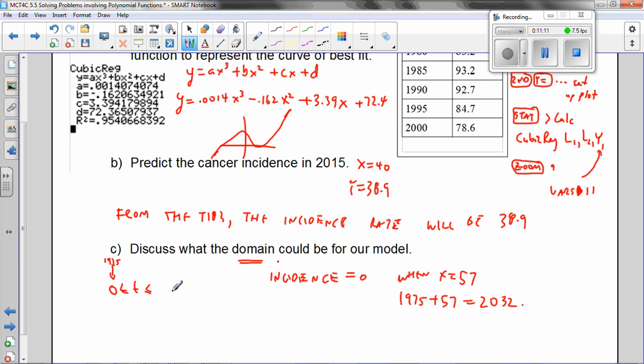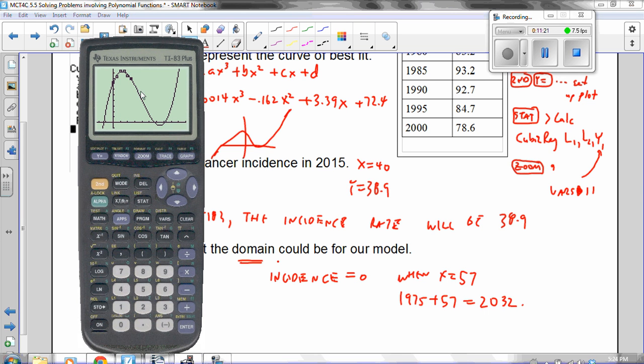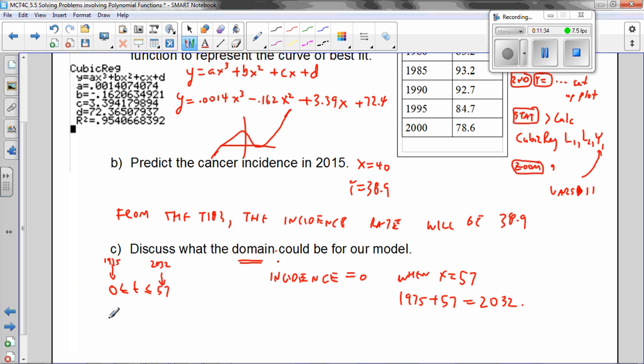We might say that till 57 it makes sense, and that's 2032. But one might also argue that after a certain spot, maybe after here, the model doesn't make sense anymore. And this is a little bit of an opinion, right? It's an argument. Might be the domain, but this is debatable.